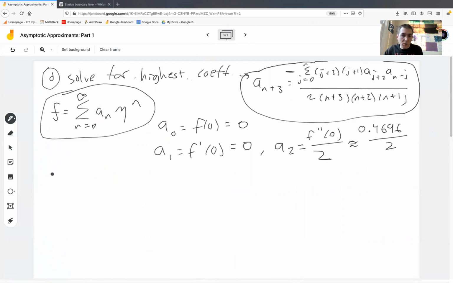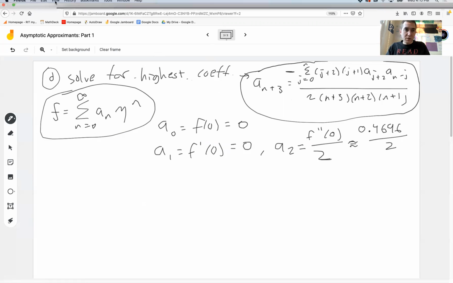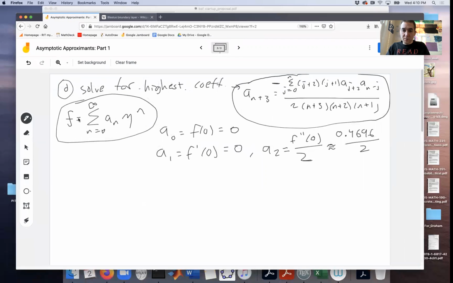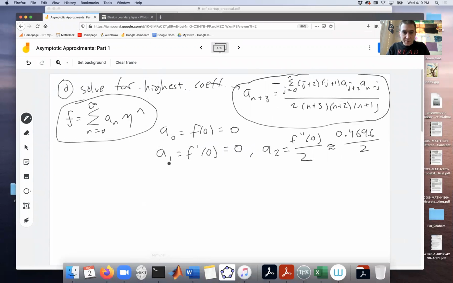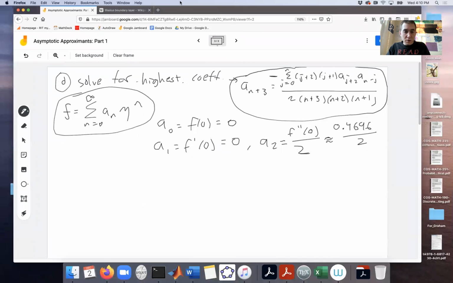Okay, so given those, you can get all the other coefficients. So let's see what happens with this series, and that's going to motivate the asymptotic approximant that we're going to use. I'm going to pull up MATLAB, and we'll start a code where we'll have the numerical solution, the series solution, and the approximate solution.